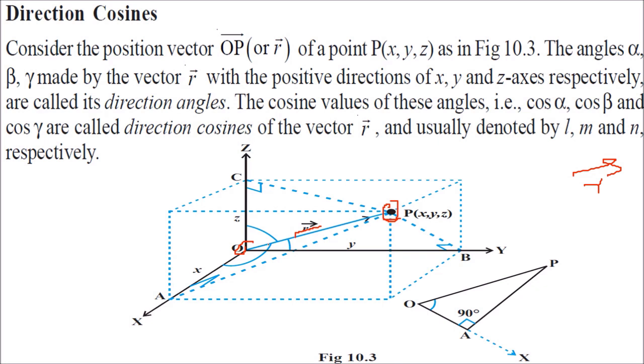This vector is making an angle of alpha with the x-axis, beta with the y-axis, and the angle gamma with the z-axis, right? These are called the direction angles. And the cosine values of these angles, that is cos alpha, cos beta, cos gamma, are nothing but the direction cosines of this r.